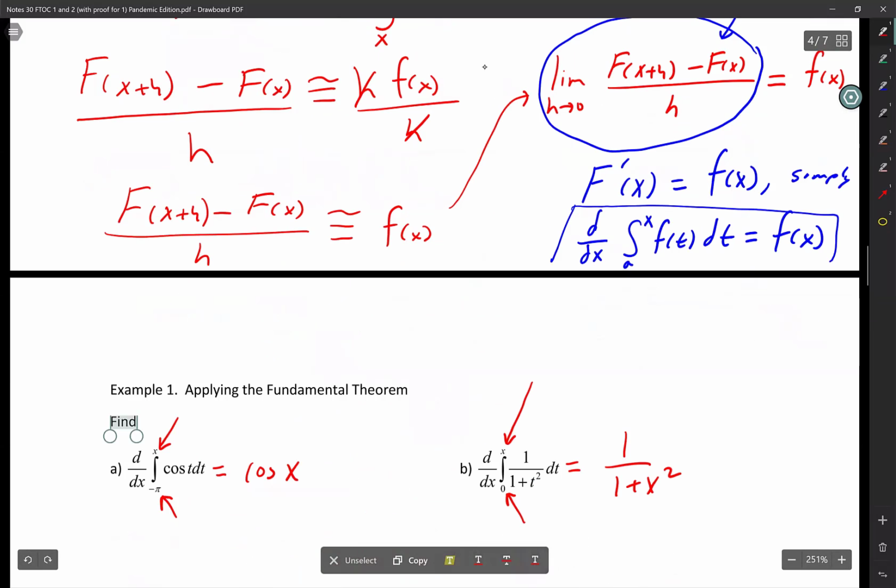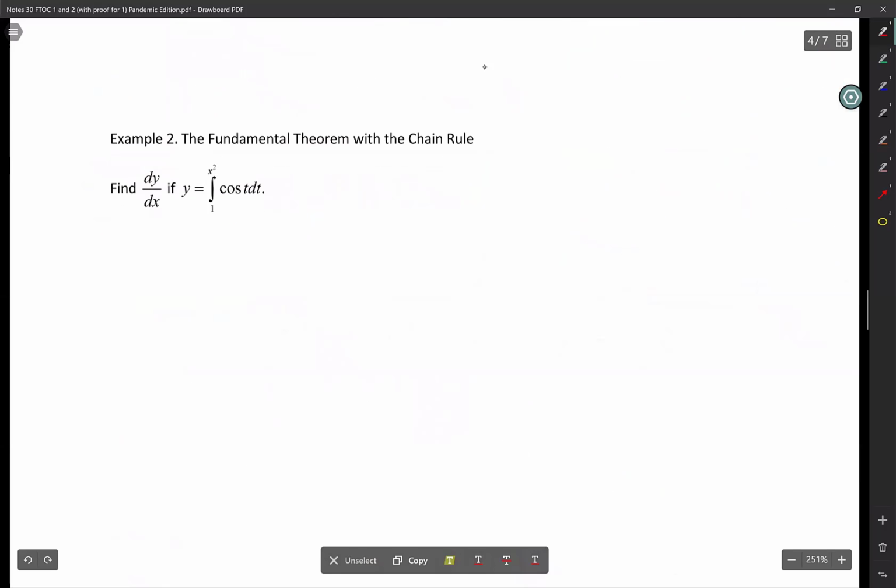Okay, let's continue. Look at this one here. This one has chain rule. How do they have chain rule? I'm taking the derivative. The top expression needs to be an x. This is an x squared. So as soon as there's an x squared, I'm doing chain rule. So here's how you take the derivative. I'm going to say y prime. I have a constant on the bottom.